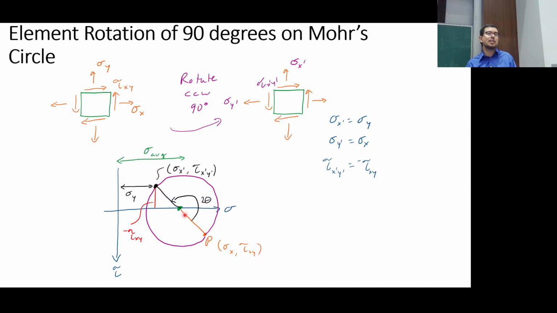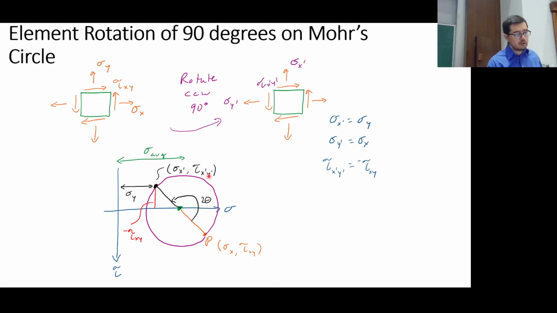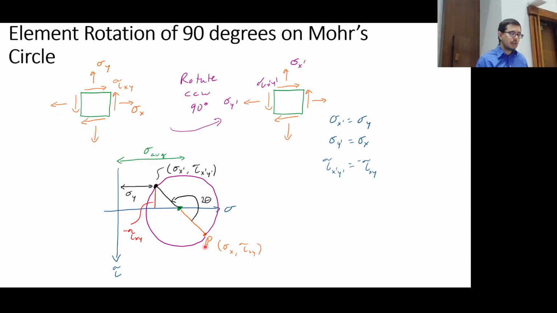Tell me what sigma x is, right? Just playing around with the variables and the unknowns. So you would be able to figure out, oh, I got to go all the way to the other side, and I can figure out what the radius is, and I can then go over here and say sigma average plus r with this angle relative to this would give me where sigma x is. Okay.